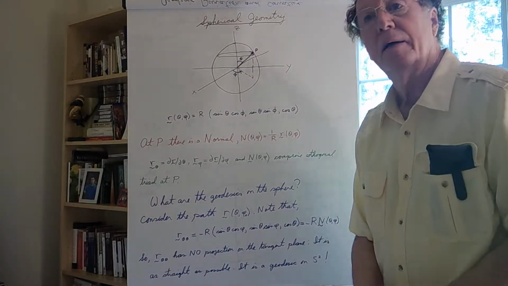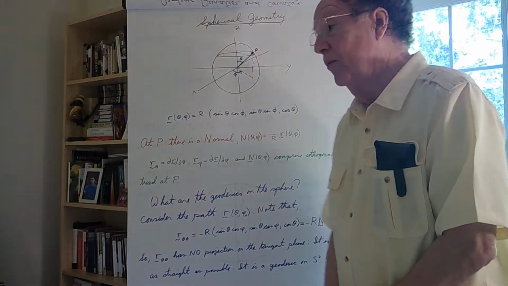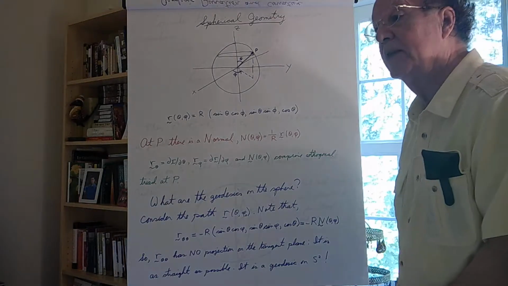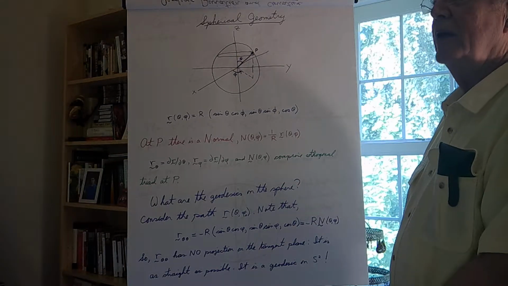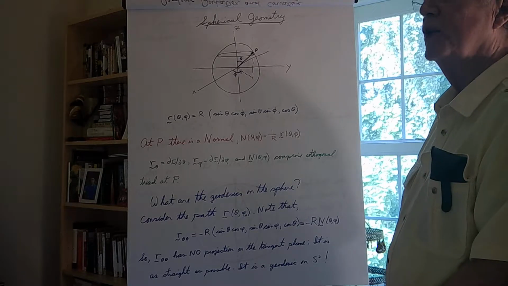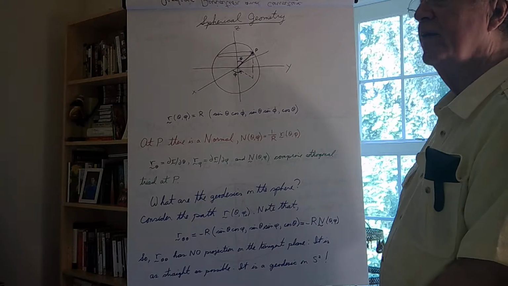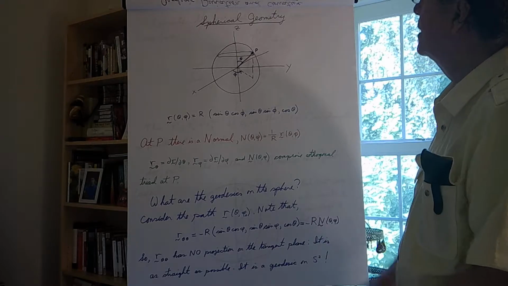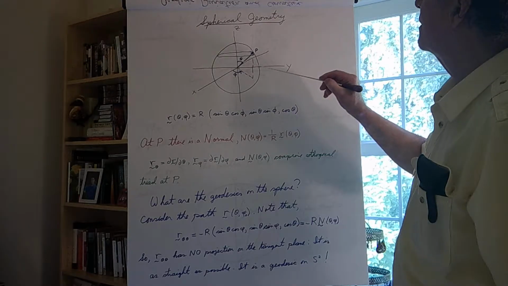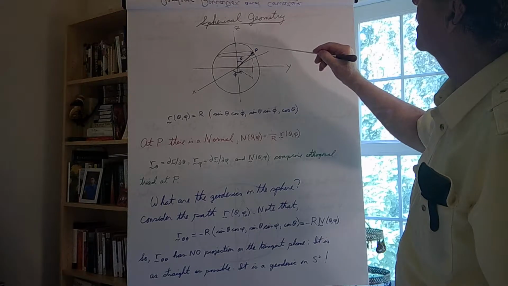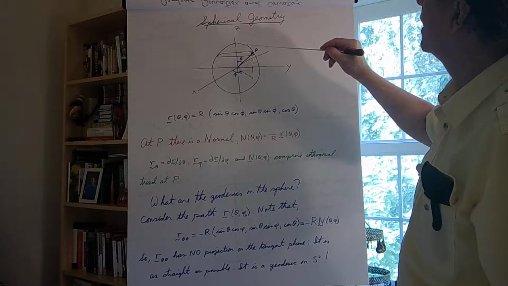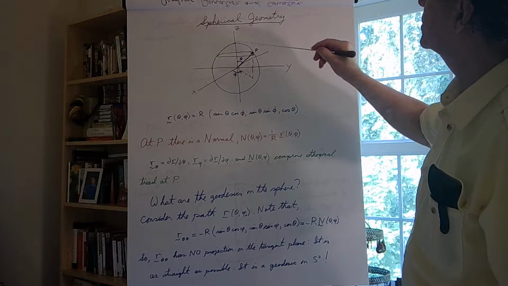Now we've discussed curves in Euclidean space, and we label their curvature by taking their second derivative with respect to arc length. Well, theta is simply related to arc length, because theta times r is the arc length of a bit of a curve shown here.